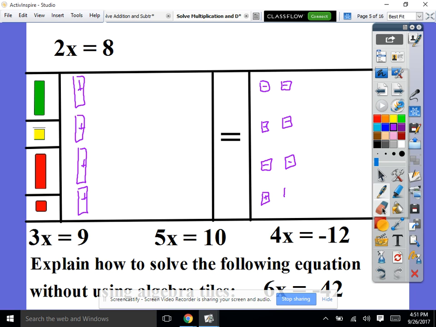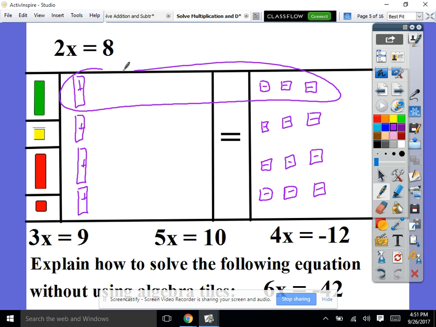My goodness. You're going to have to keep me honest here. That's a negative. So this would be negative 8, negative 9. Oh my goodness. I'm so used to doing those positives. Negative 9, negative 10, negative 11, negative 12. So if 4x equals negative 12, 1x equals negative 3.